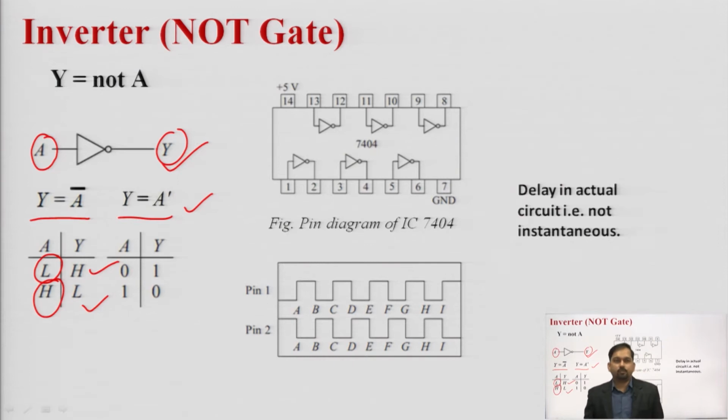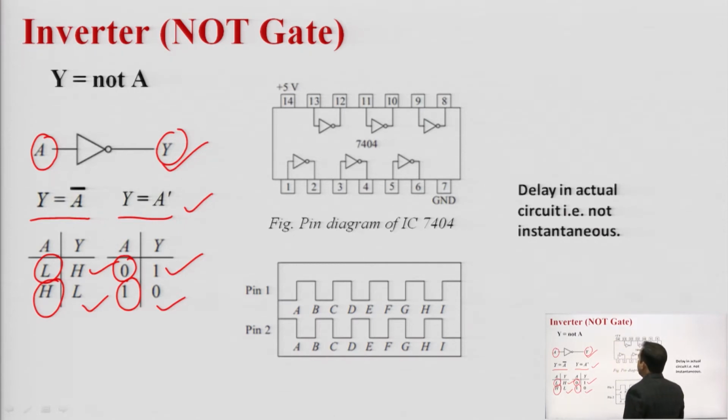This is the inverter. If we represent high and low voltage by 1 and 0 in binary, then if 0 represents low, the output is 1, which is high, inverted, and if the input is 1, which is high, then the output is definitely low. That is the inverter.